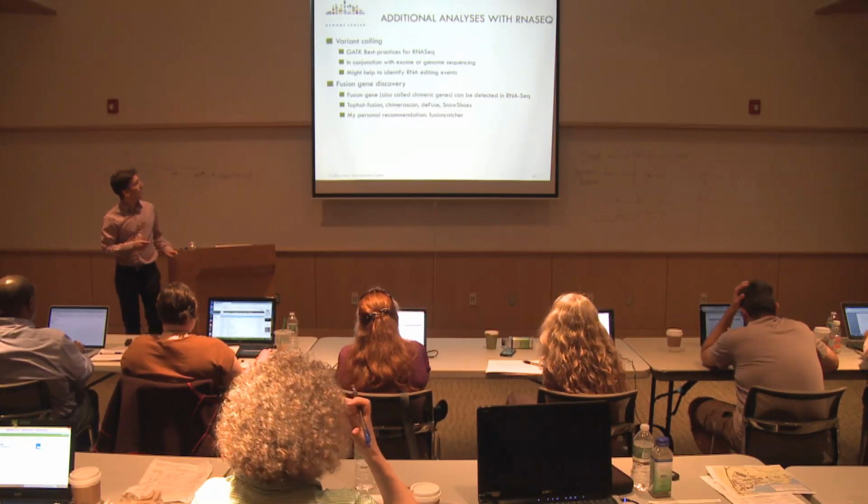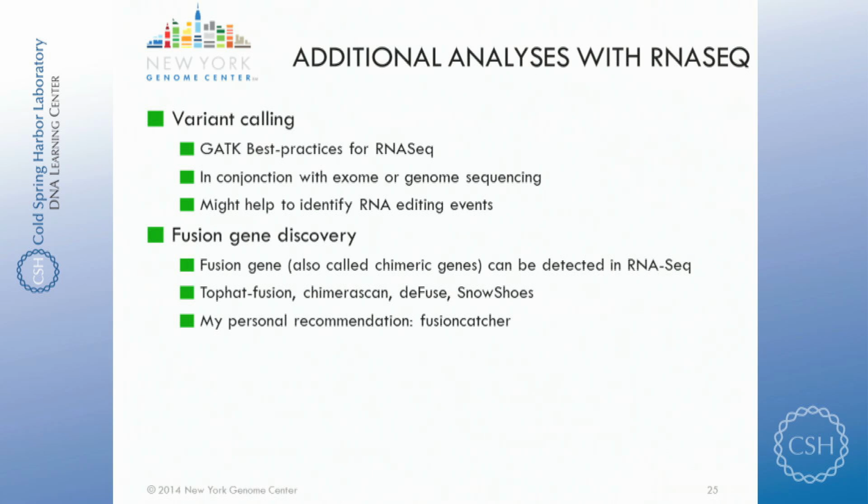I think that's my last slide: additional things that are possible to do with RNA-Seq. As we described, we can do gene expression, transcript expression, and alternative splicing. We can also do variant calling, and the most widely used tool for variant calling in exome and genome sequencing is GATK from the Broad Institute, and they recently released a best practice pipeline for RNA-Seq.